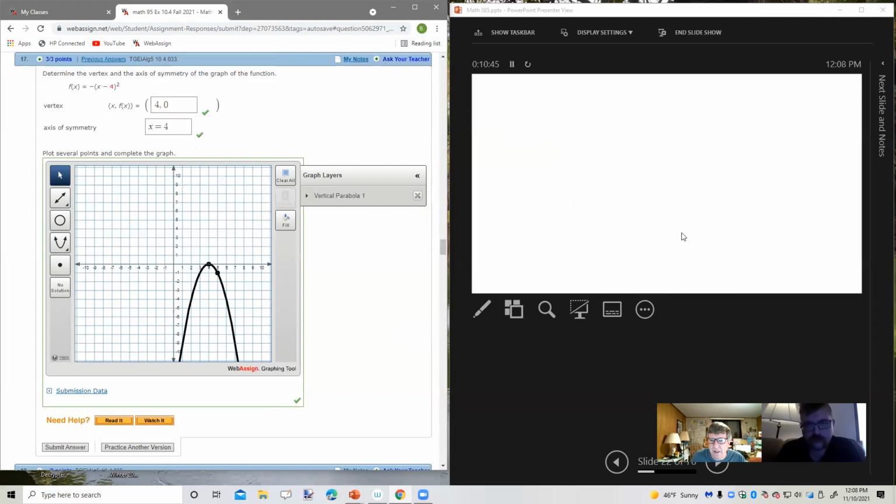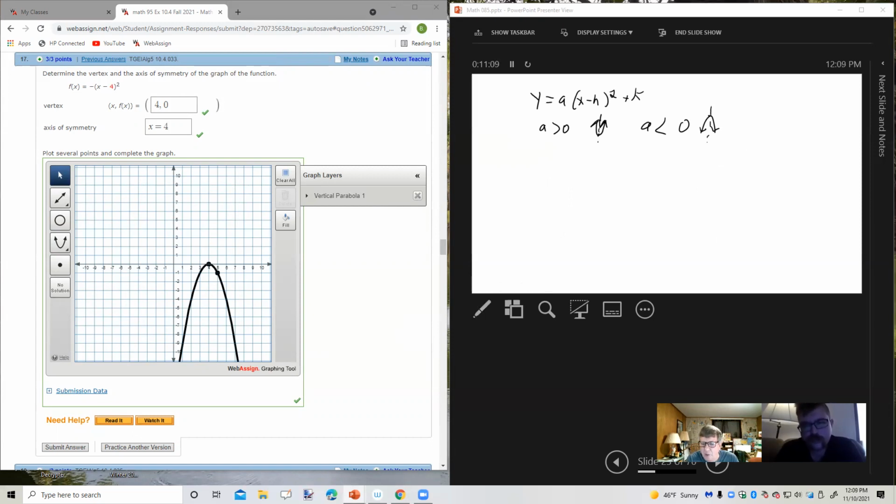All right. So again, when you have an equation or a function in the form y equals a times (x minus h) squared plus k, if a is greater than 0, the parabola opens upwards. A less than 0, the parabola opens downwards. Low point or high point is the vertex. Axis of symmetry goes right through the vertex.